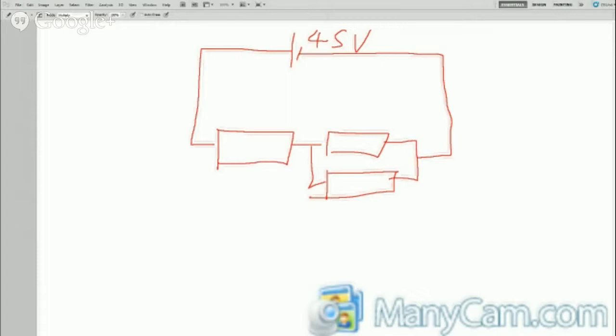So what do we know about it? What else does the question say? Have we got any resistor values? What do we ask to find?